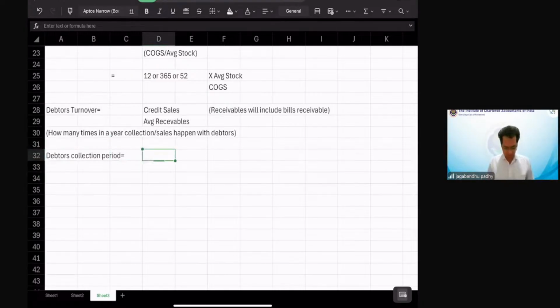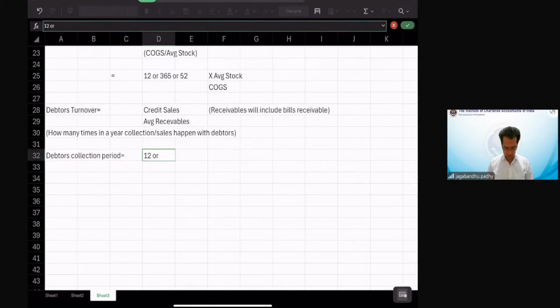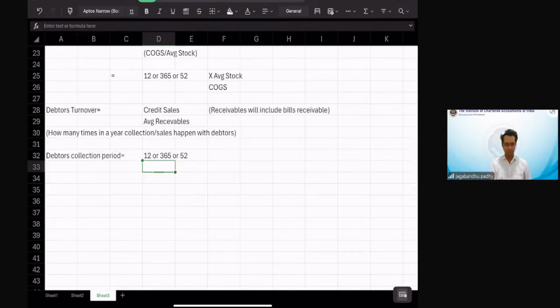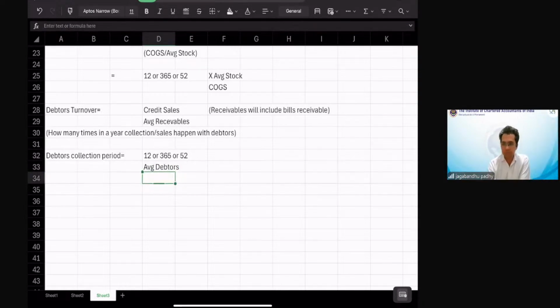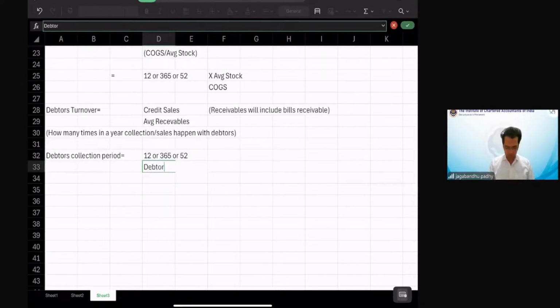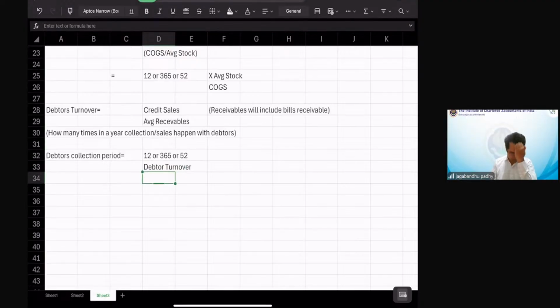Debtors collection period will be 12 or 365 or 52 divided by the debtors turnover.